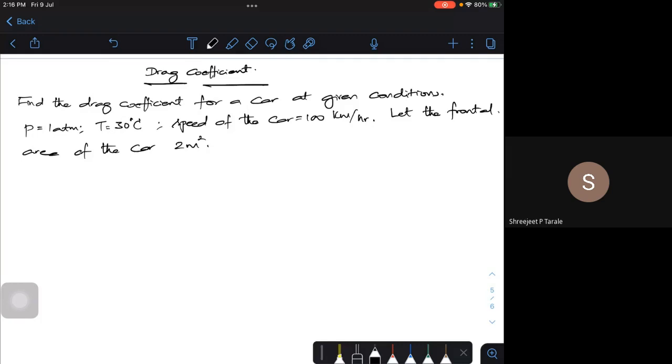Now I need to know the force acting on it in the flow direction, if I try to measure.